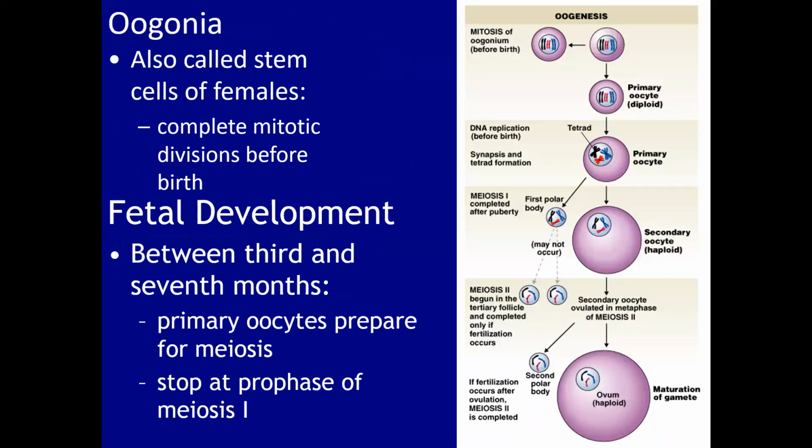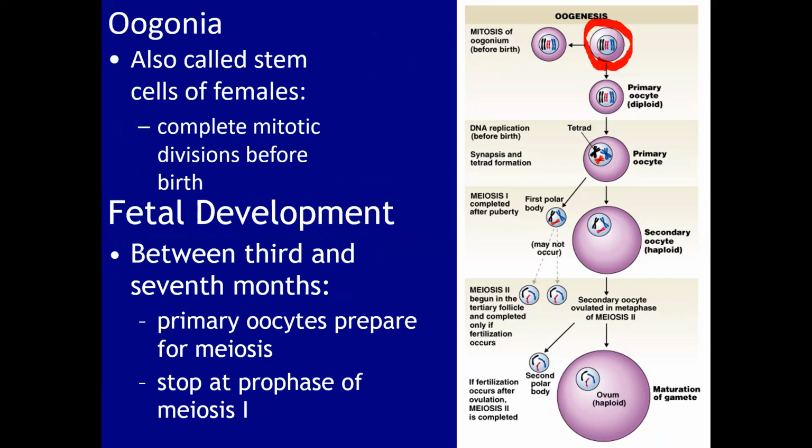The oogonia are also called stem cells for females. And again, it's the same process that we talked about with males. Here is the oogonium.